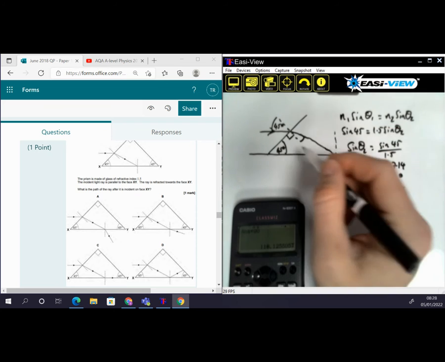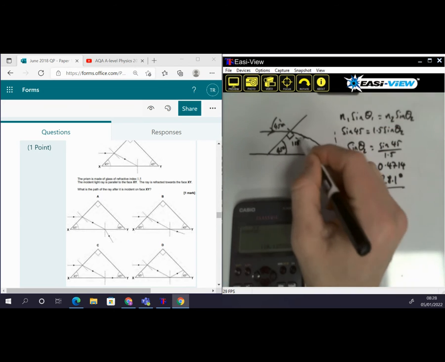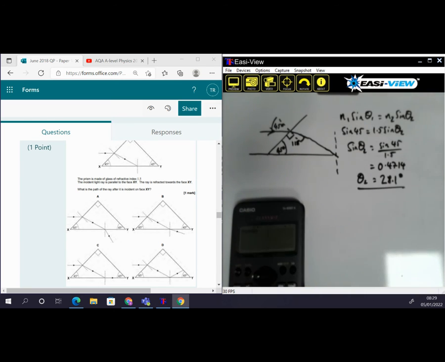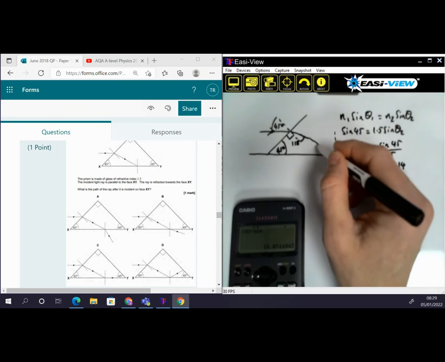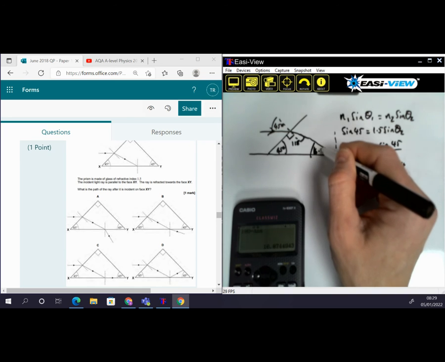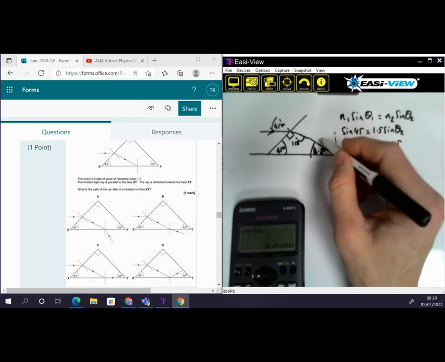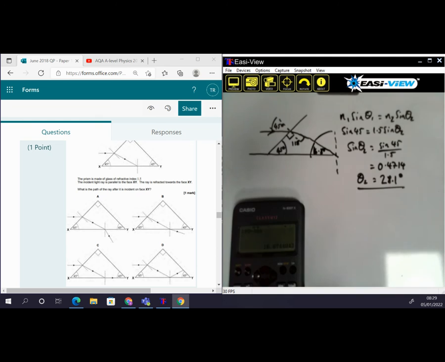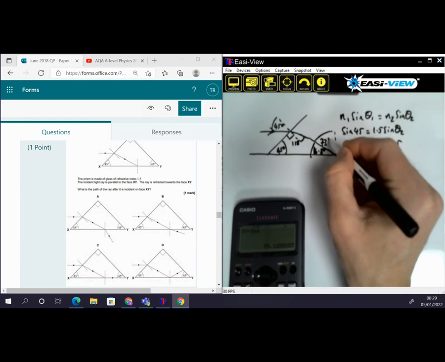So we've got 118 degrees for this whole angle, the right angle plus this angle, plus 45 degrees leaves us 163 degrees. And then if I subtract that from 180, I'll get what this angle is down here, which is 16.87 degrees. So this must be 90, take away that, so this is 73 degrees.